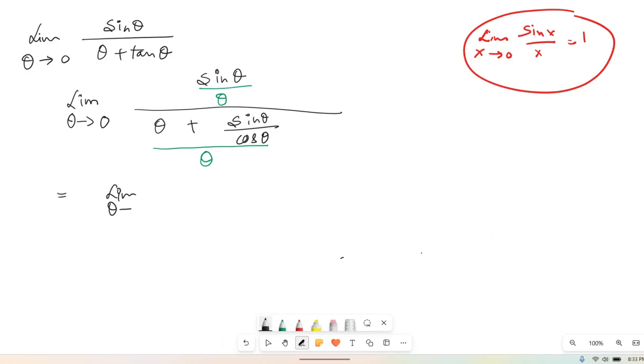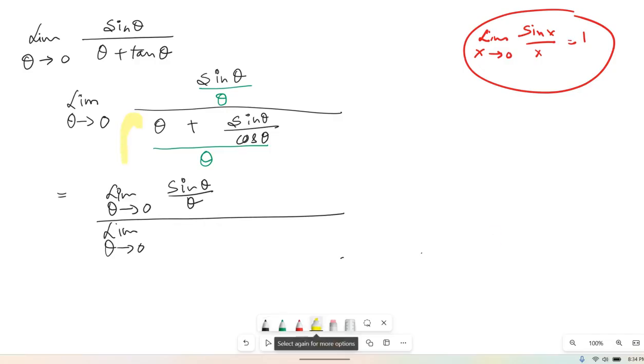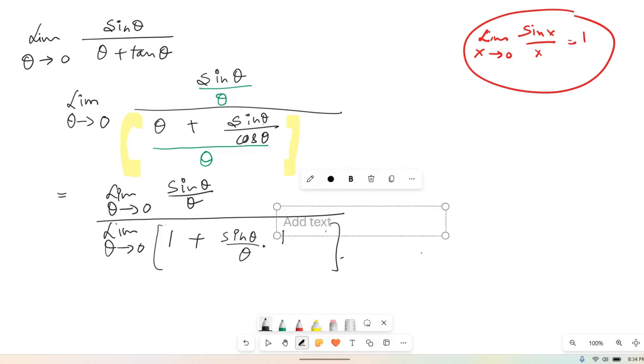The top limit, let's separate out the limits. Now, this portion can be written as, we can open this as theta by theta is 1 plus this is sine theta by theta times 1 by cosine theta.